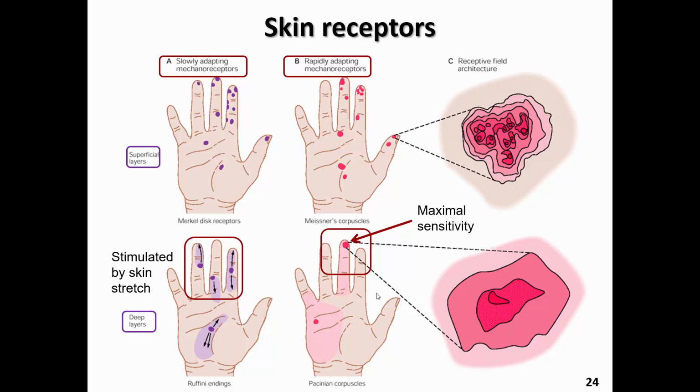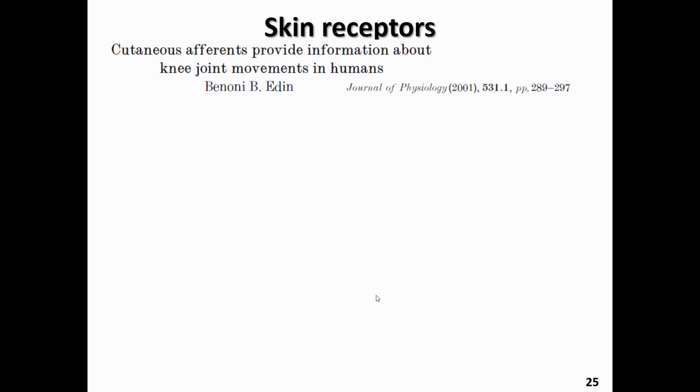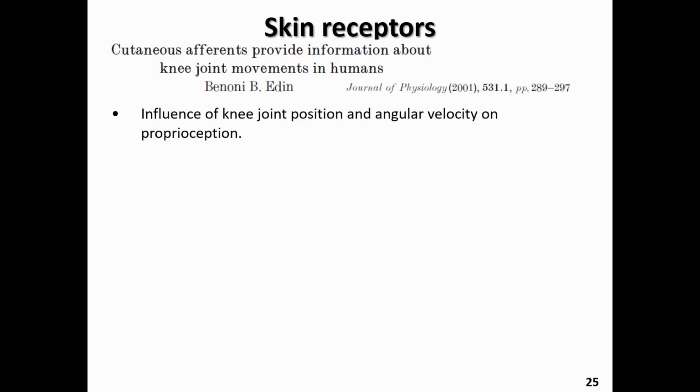To illustrate the receptive fields in human skin, this study published in 2001 sought to examine the influence of knee joint position and the speed of the movement of the knee joint on proprioception.